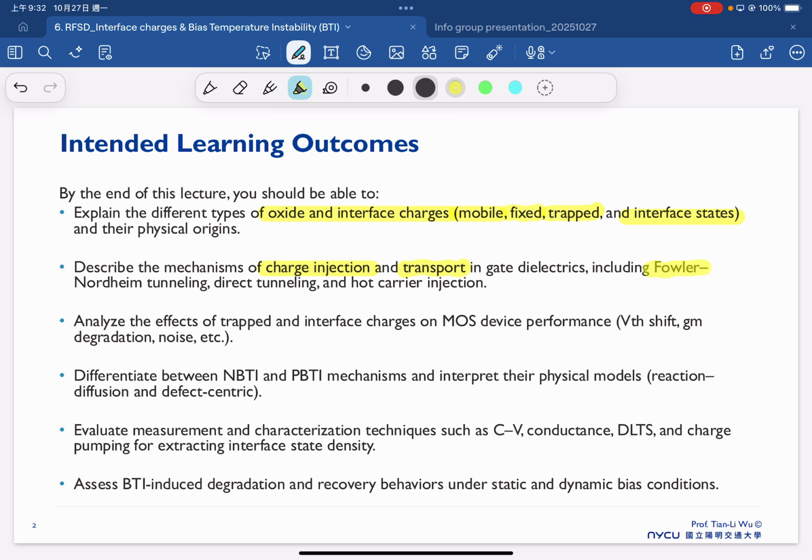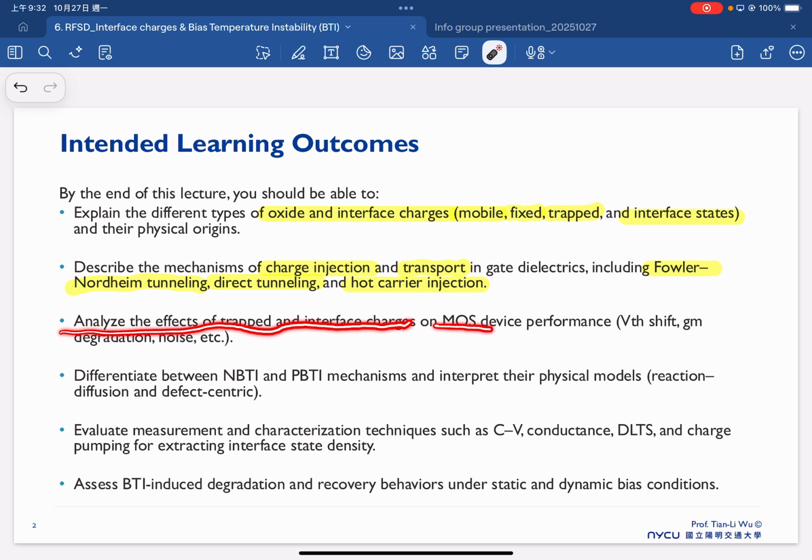The first one is FN tunneling, the second one is direct tunneling, and we also have what we call hot carrier injection. And also we will lecture how to analyze the effects of trapping charge and interface charge on MOS device performance.